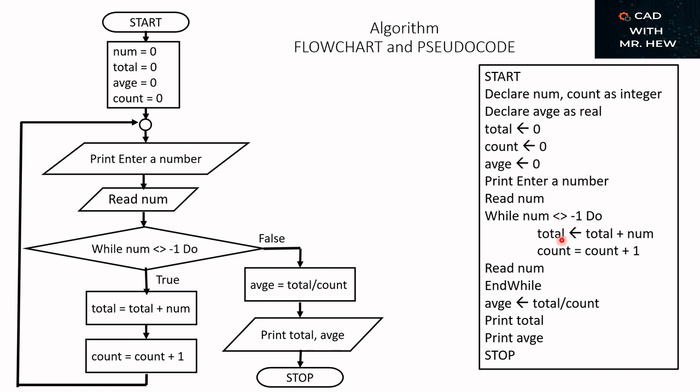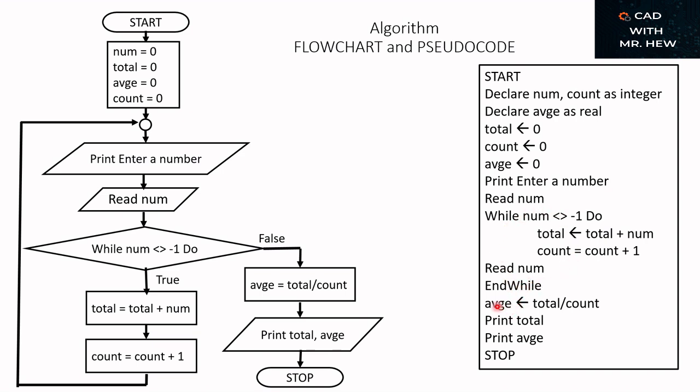So total will be equal to total plus num, and count will be equal to count plus 1. We will read the variable again while we're in this while loop. Then when the user types in -1, the while loop will end.